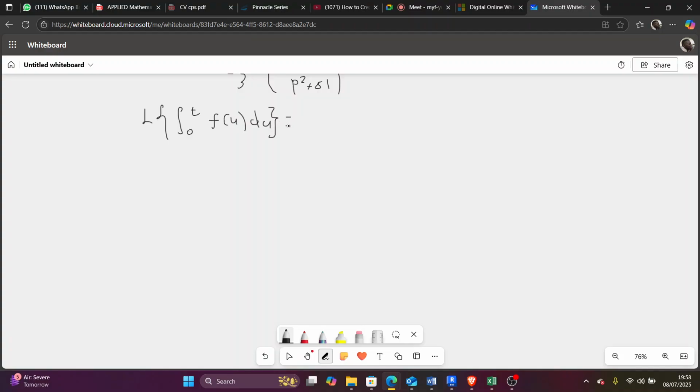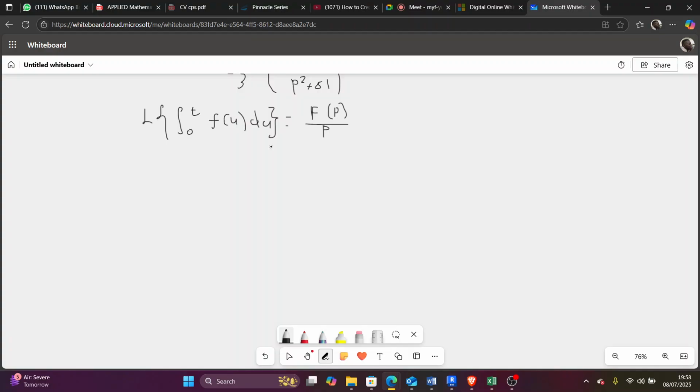All you have to know is the solution of your Laplace is F of p divided by p. As simple as it is.